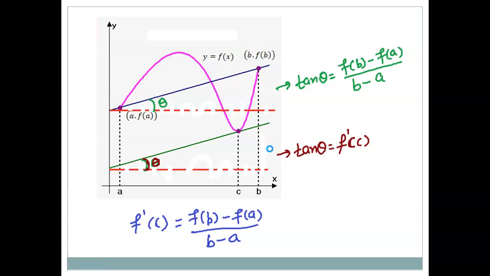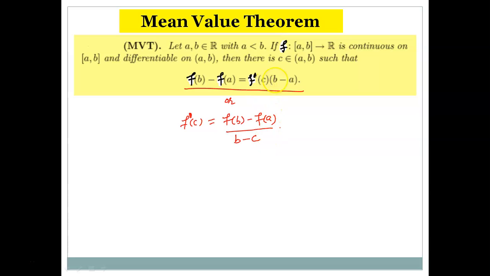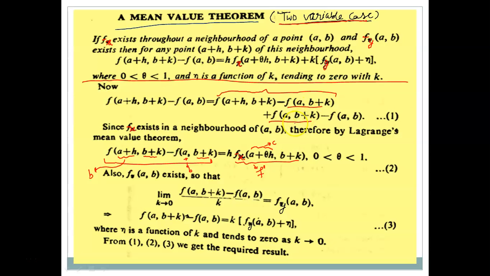In the case of a single variable, we have already mentioned that c is a number lying in the interval a to b. So for that case, your c must belong to the interval a to a+h.